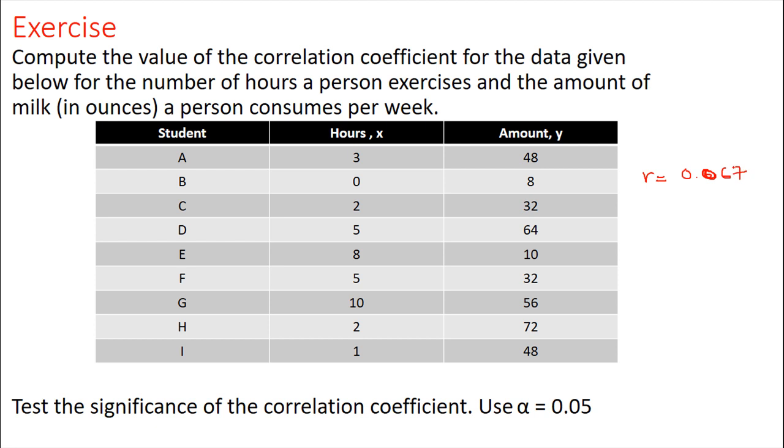Now n is equal to 9, so the degree of freedom will be 9 minus 2 is 7. You can refer to the table with alpha equal to 0.05 for a two-tailed test, and follow the steps before to get the decision and also the conclusion.